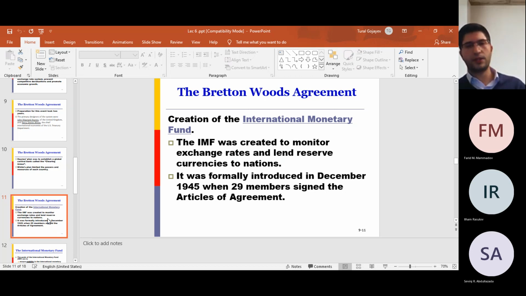These are the main roles of the IMF. Azerbaijan also received several loans from the IMF, but not recently, in the 90s, at the beginning of independence. Currently, in recent years, Azerbaijan only receives some technical support, but not monetary support.